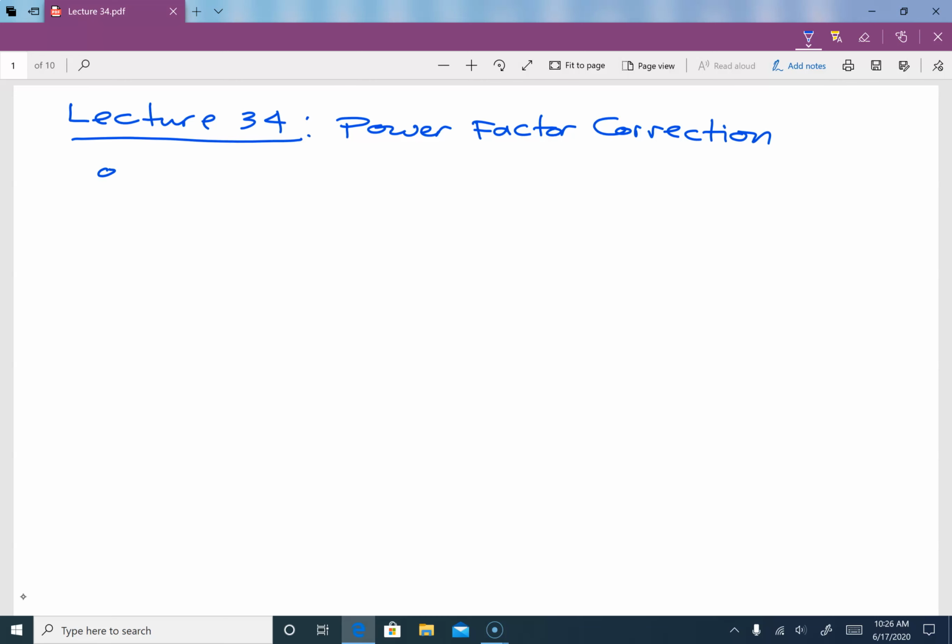The objectives of this lecture: the first objective is to understand the importance of power factor correction.